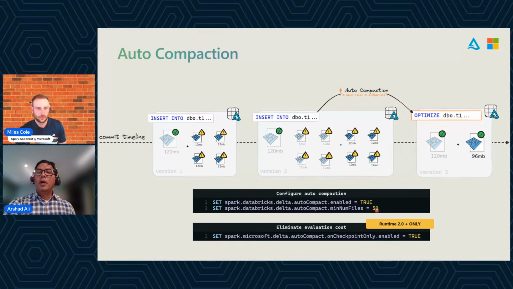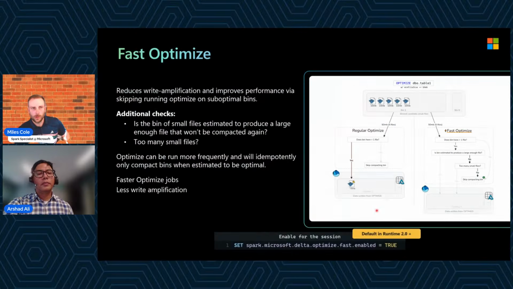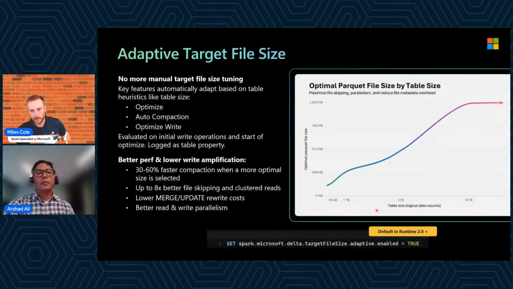Thank you. The next one is for adaptive file targets. Do I have to turn anything else off if we are not on Runtime 2.0 yet? So if you're not on Runtime 2.0, all you have to do is set this configuration, spark.microsoft.delta.targetFileSize.adaptive.enabled. Set that as true, and then the very first time you run optimize on your table, it is automatically going to set the baseline of what is the ideal target.